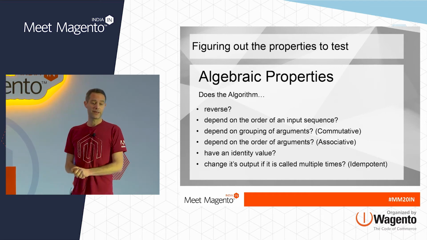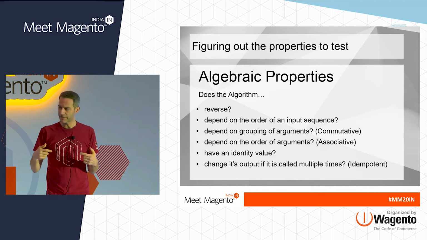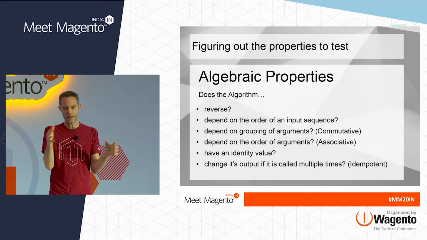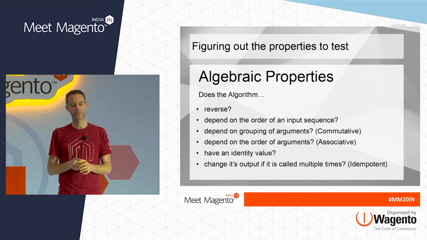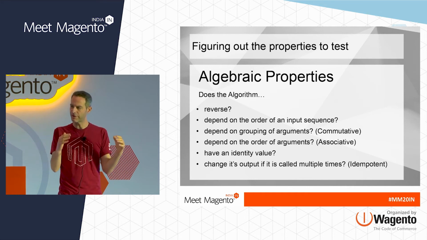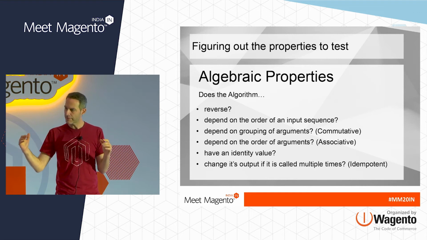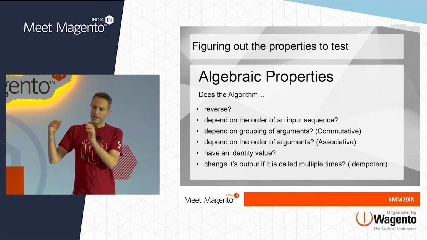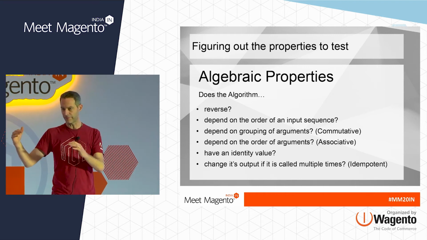Another possibility is if I have multiple inputs and it's a binary operation, if I can apply that to group them in different ways. So if I take A and B and apply my function and then take that result and apply it to C, will that be the same output as if I have B and C, apply my function, and then apply the result with A?